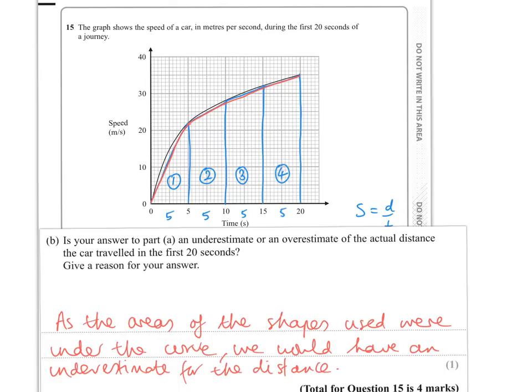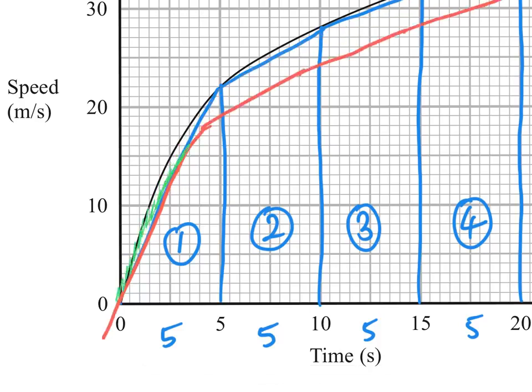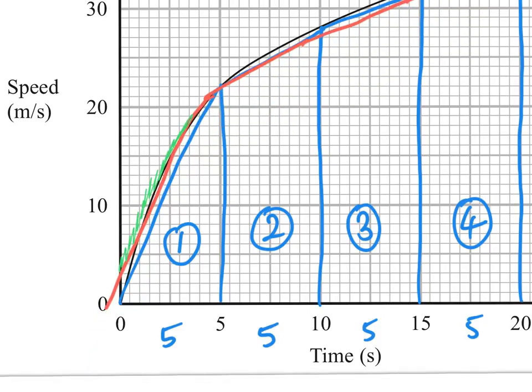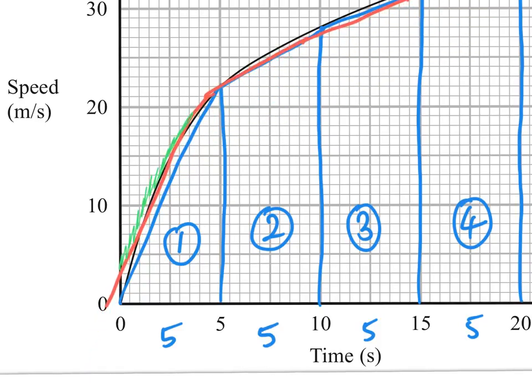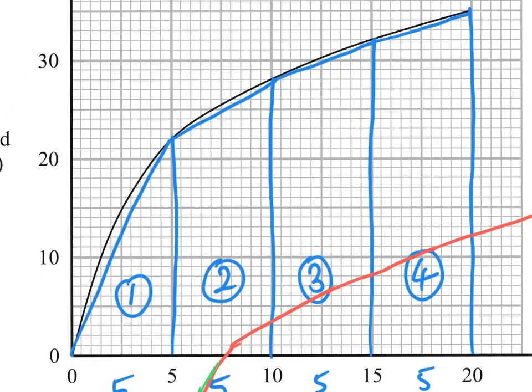And again, if you just zoom in here, you can see this is why it's an underestimate, because all these parts here, if I can just do that without messing up. I don't think I can move this anymore. Let's have a look if I can do it like this. So this part here, and this part here, here, and here, that would be what our method was underestimating by.